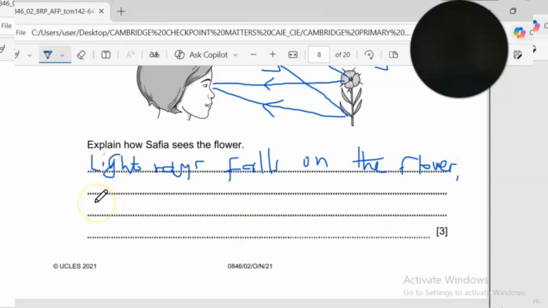Then the reflection travels to her eyes to see the object.